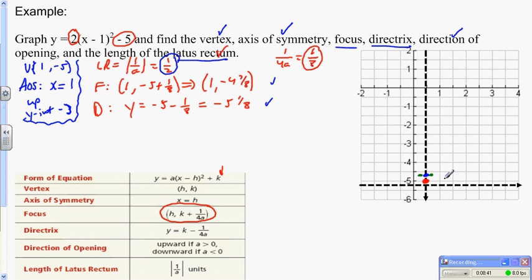And that would give us our parabola. It still goes through -3, but we're using the length of the LR to help us decide width. Okay, and that is now the end of lesson 8.2, part B.